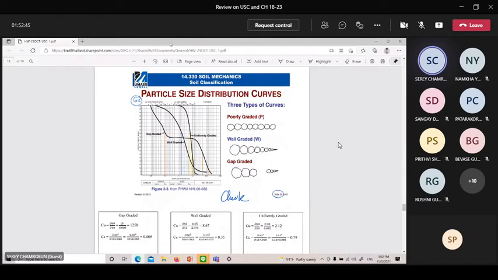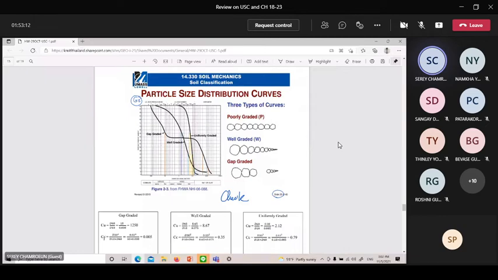Yes, everyone can see your shared screen. Okay. So first we need to find the percentage of gravel and sand from the graph in this data, and then we project the line for each graph to find the Cu and Cc.